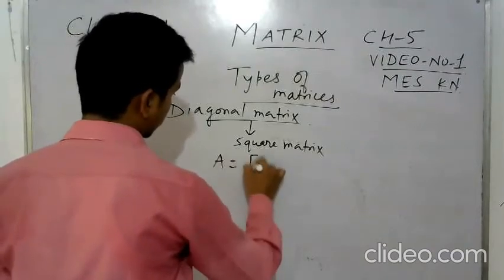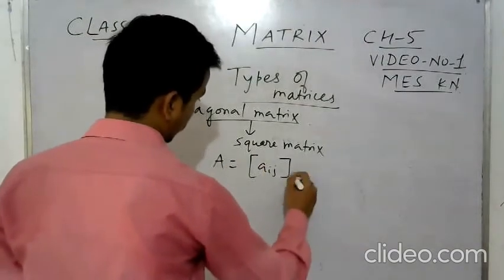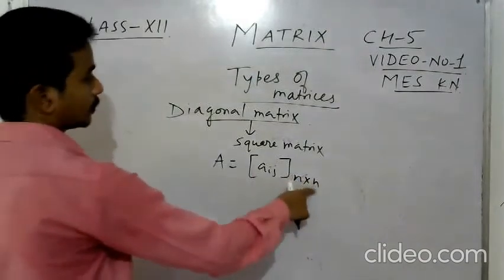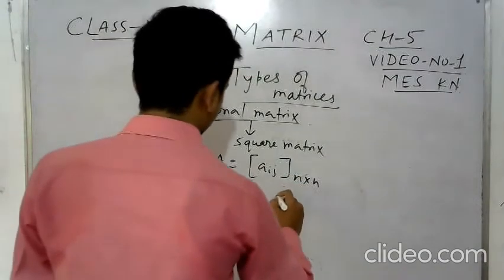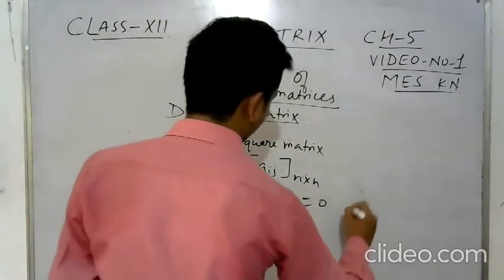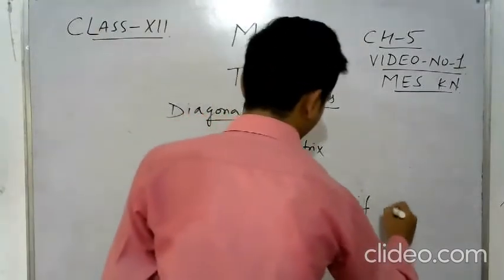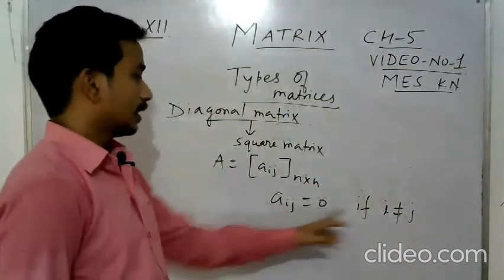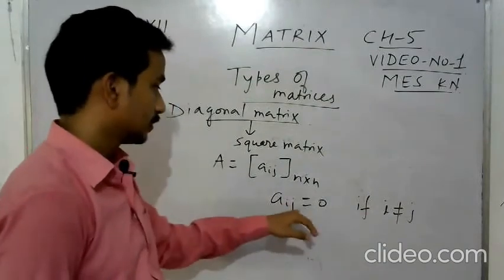Suppose there is a matrix Aij of order n by n, with n rows and n columns. In this square matrix, if Aij is equal to 0 for i not equal to j, then every such element is 0.